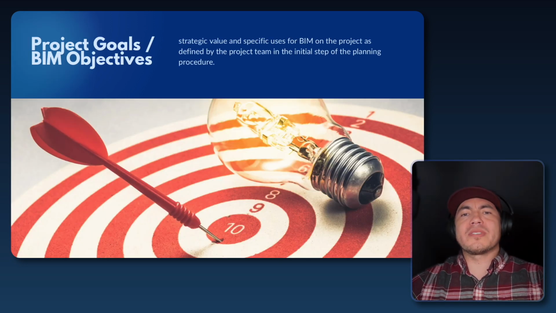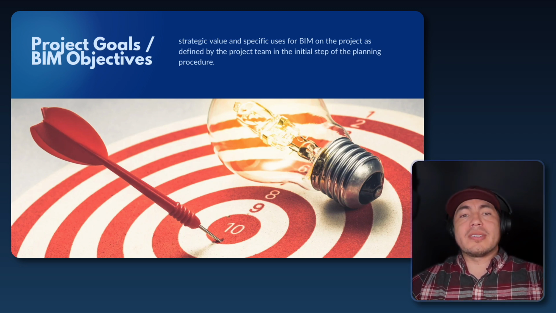Alright, let's move on to something a little more exciting: project goals and BIM objectives. This is where we define why we are using BIM on this particular project. You see, BIM can be used for a lot of different things: design coordination, catching design clashes before they become on-site problems, or even helping with facility management after the building is done.